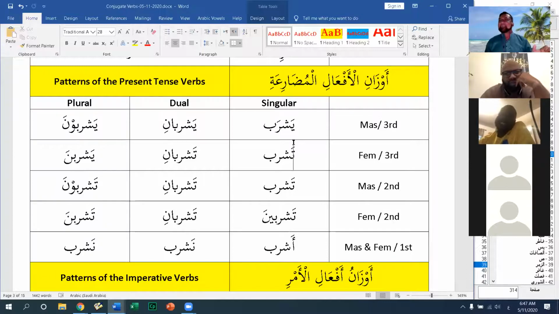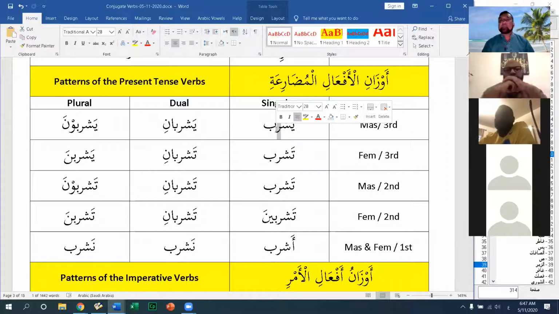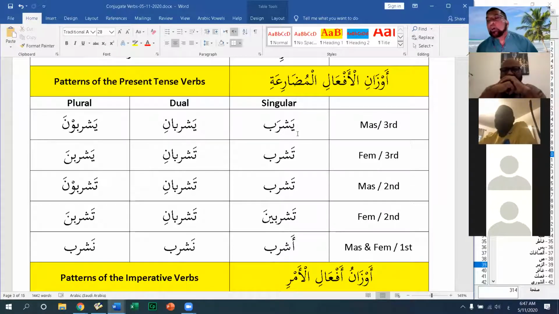So the point is, how do you know the vowel for the ayn in the present tense? You've got to memorize it. You learn it from a dictionary, you ask someone, you probably pick it up from the Quran. إِنَّ الْأَبْرَارَ يَشْرَبُونَ.